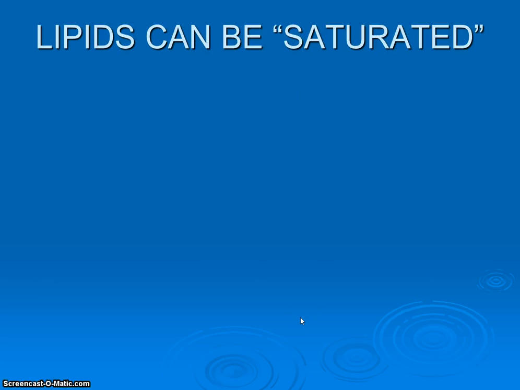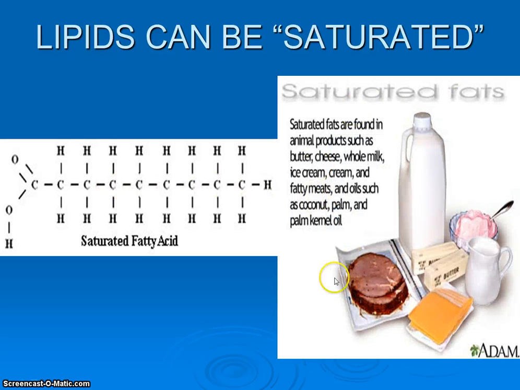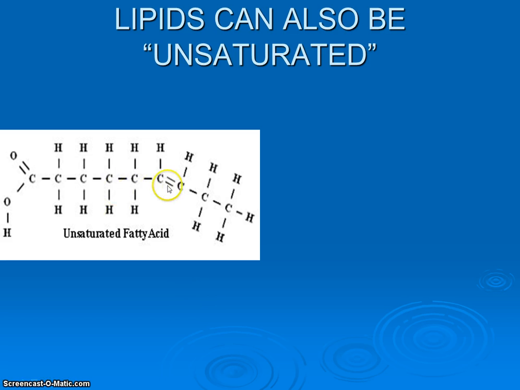Now let's just look at two different classes. They can be saturated. Here is one. Notice that it's C's and H's primarily with a single bond all the way between them. Here are some saturated fats. Think animal fats. Saturated usually are the quote-unquote bad fats. They can also be unsaturated. Notice a little different in shape, and don't worry too much about whether it has double or single bonds.